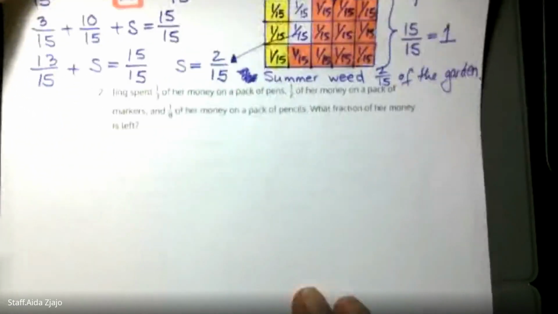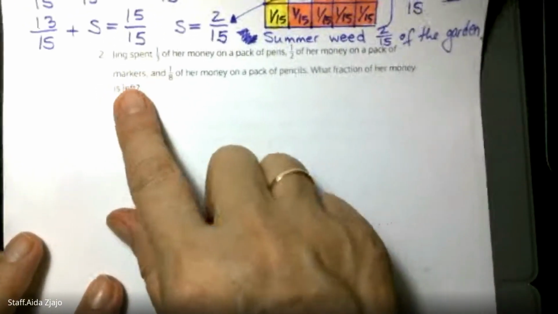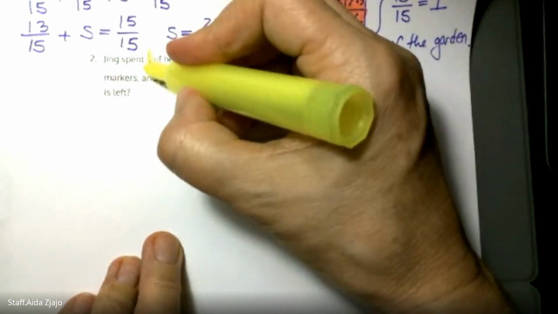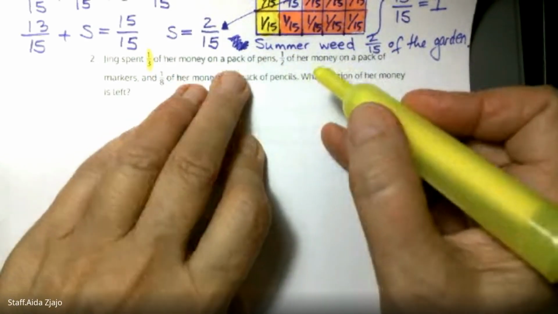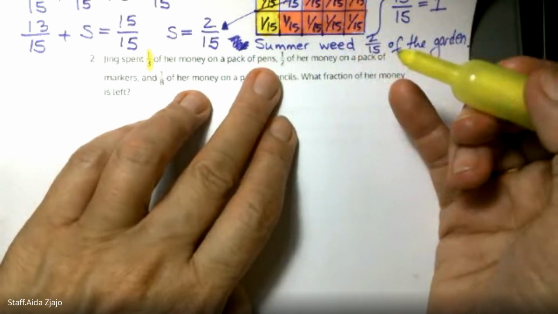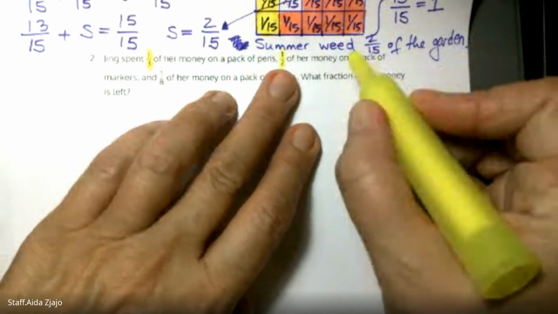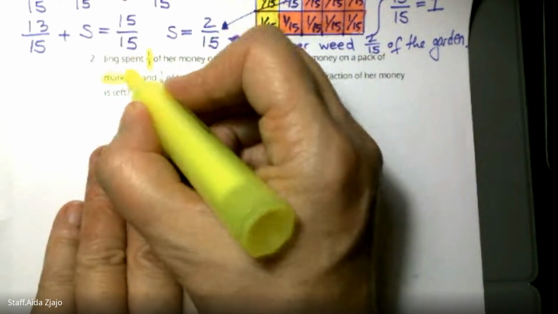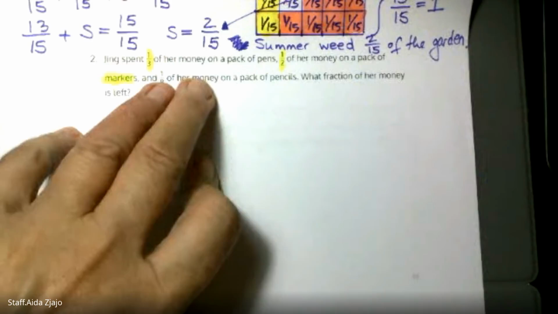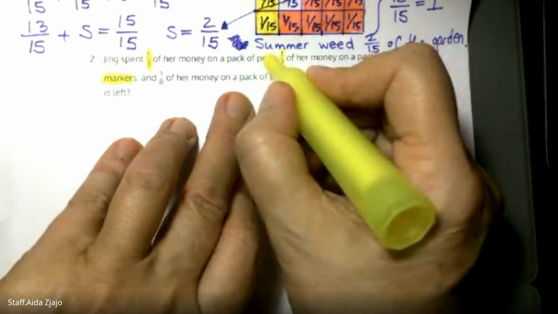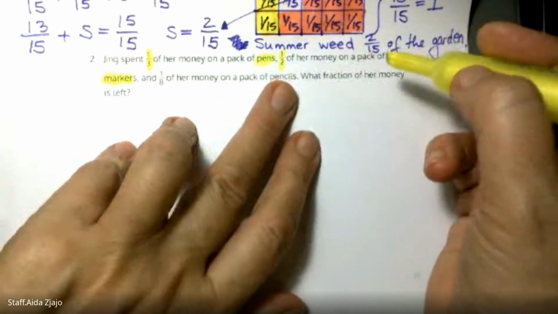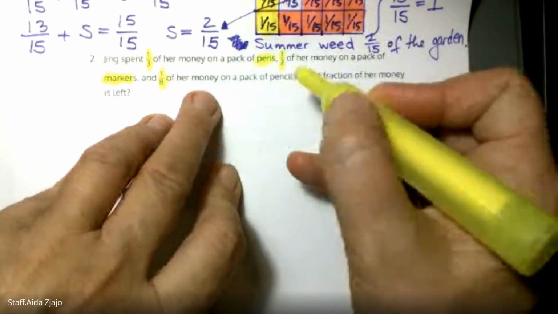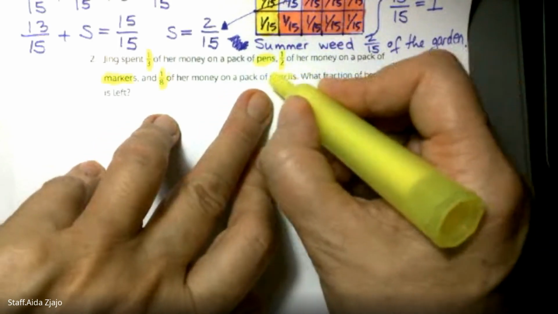Next one says, Jean spent 1/3 of her money on a pack of pens and 1/2 of her money on a pack of markers, and 1/8 of her money on a pack of pencils.